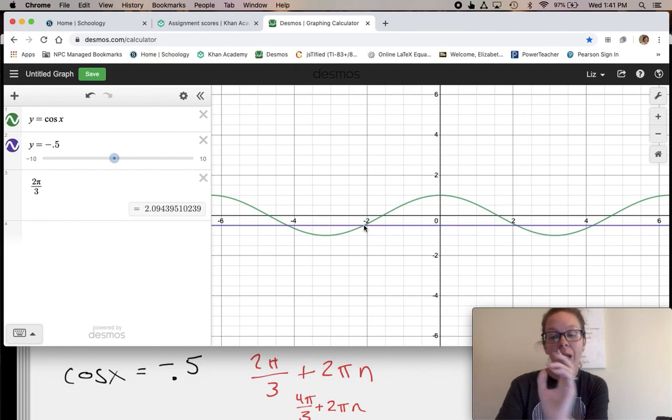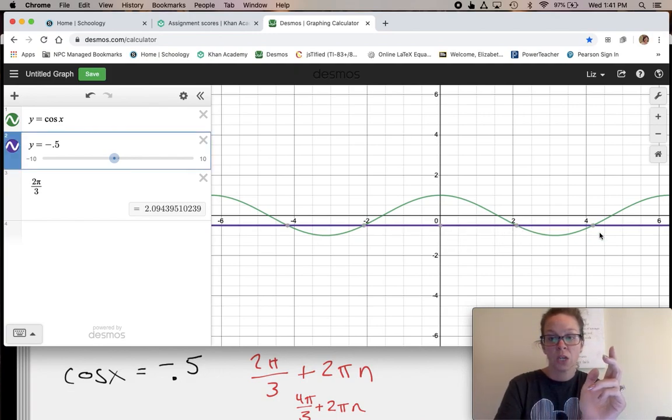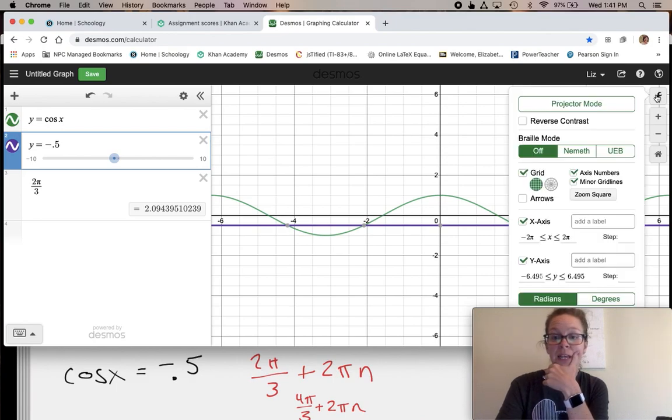Remember that the way it tends to do it on Khan Academy is for cosine, it's going to take your first 2 positive answers and then add the circle. In radians, that's plus 2 pi n. In degrees, it'd be plus 360. And for my settings in degrees, I would have negative 360 to 360, which should be good for you.